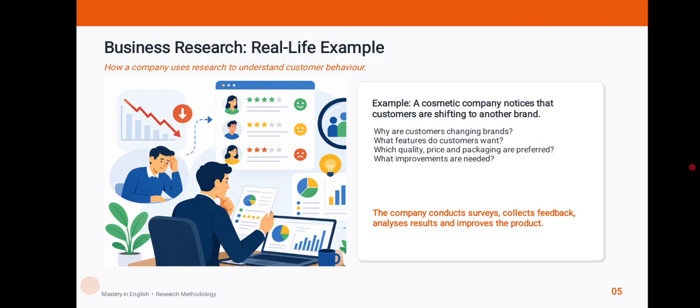What price is stable? Is the packaging attractive? What improvements are needed? To answer these questions, the company conducts survey, collects feedback, analyzes results and improves the product. And this complete process is called business research.